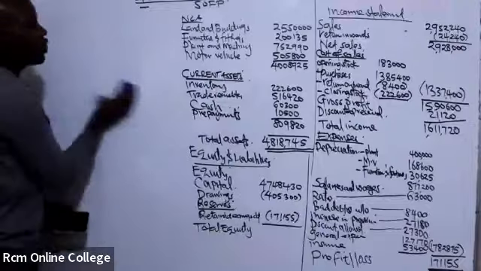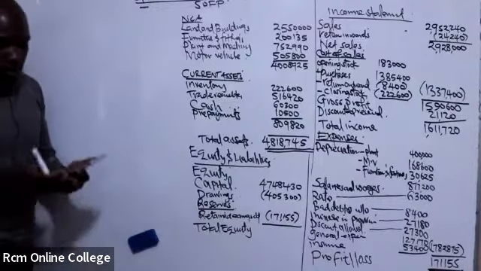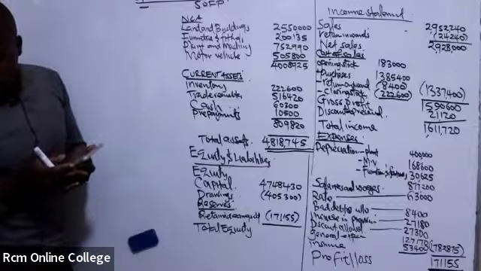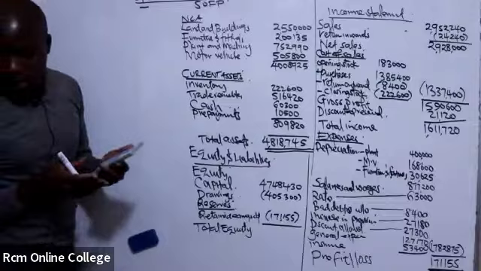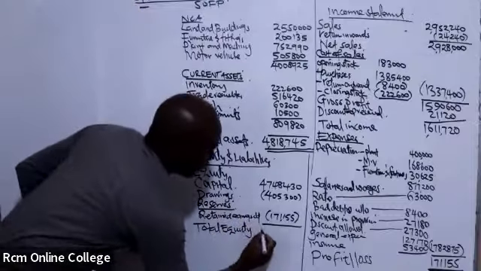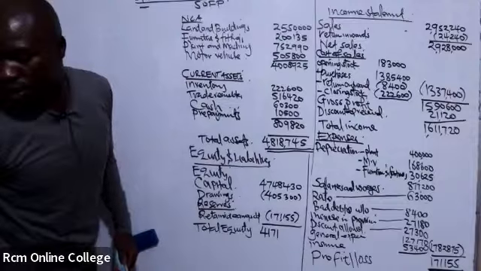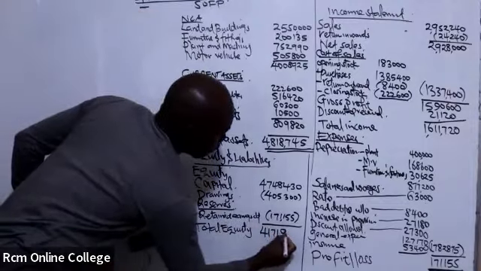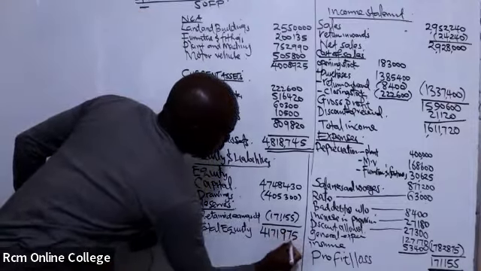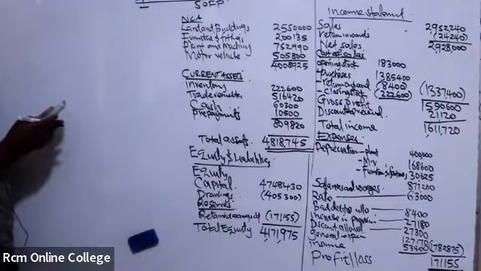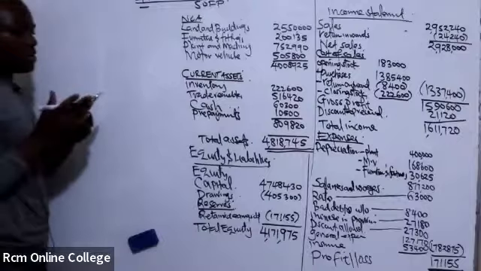Somebody should be having total equity. 41,71,975.